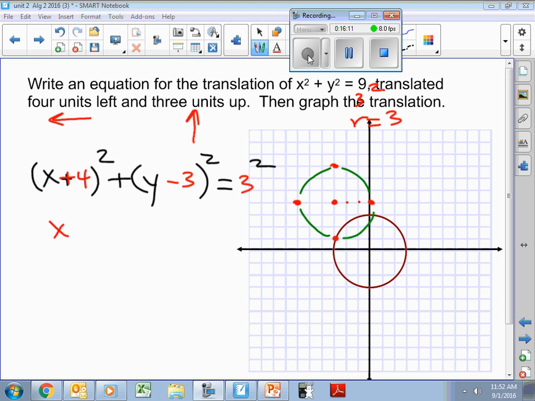The way they're going to write on the test. Either it's the 3 with the square, or you keep the 9. Which version is better? The top version is better.